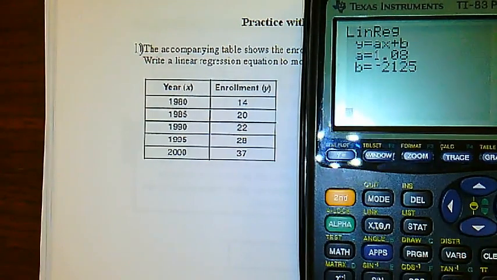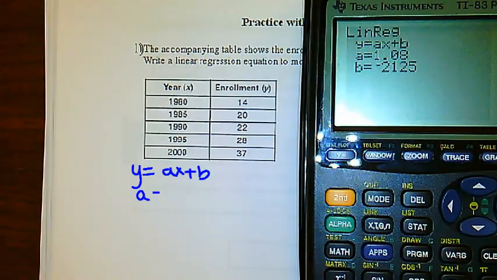Now my advice to you is, on the Regents, please write down what you get in your calculator. So if you want to write mx plus b, literally you can just write what they have right here. So a is 1.08, and it doesn't round it. So if it's a nice terminating decimal like that, then just leave it like that.